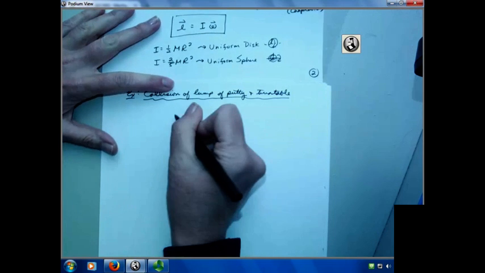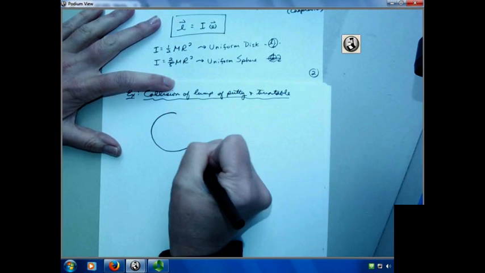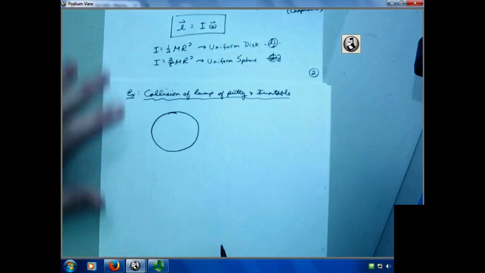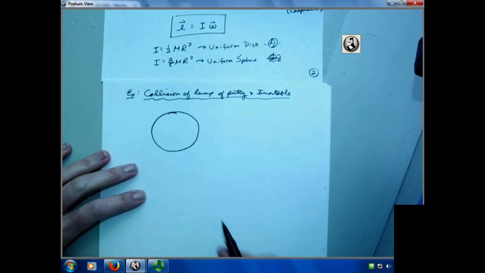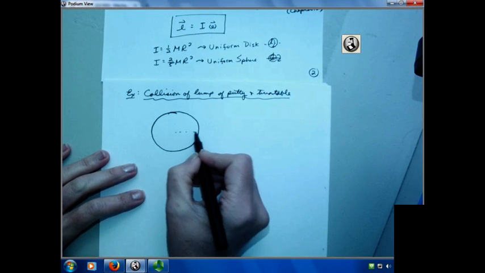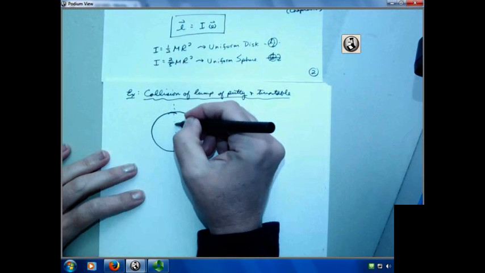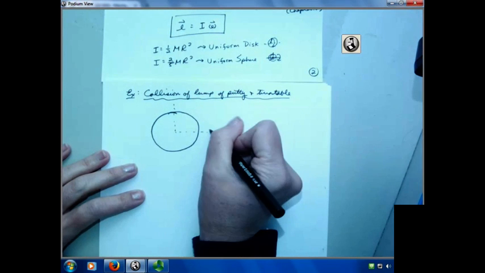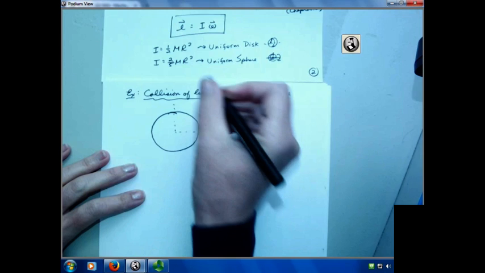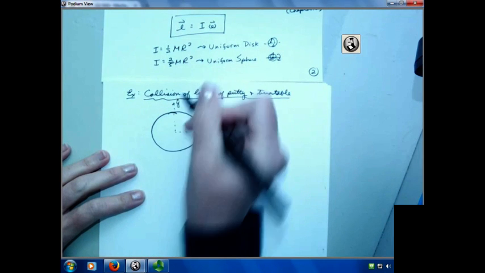Let me just draw a picture of the situation here instead of writing out all these words. I've got this circular turntable here. I'm going to choose the origin for this system to be at the center. So this is the x-axis, this is the y-axis.